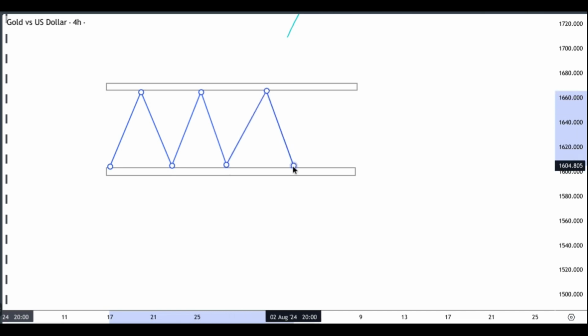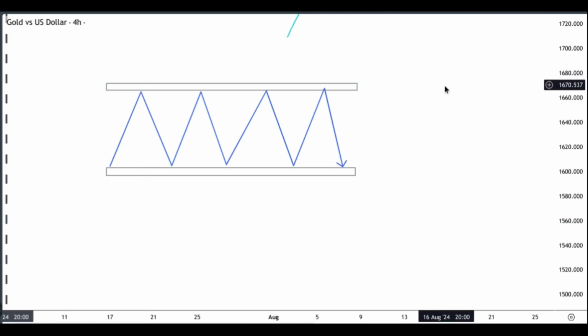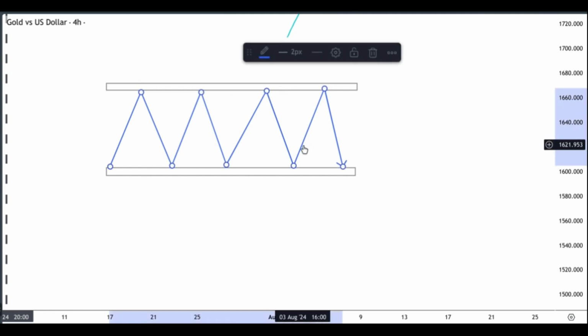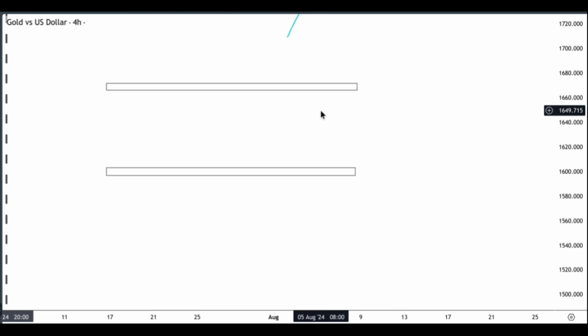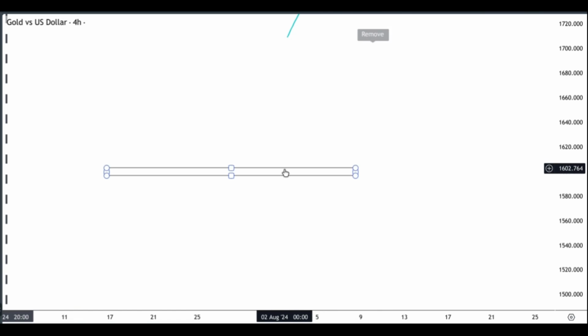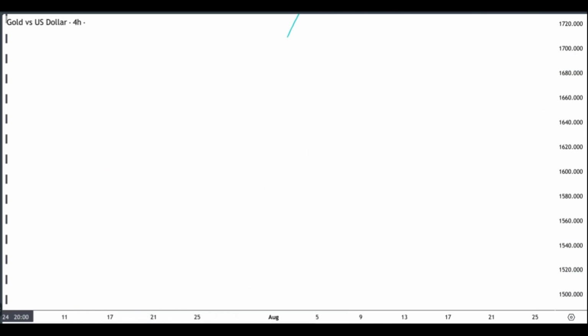So if you see the market moving within two ranges like that, you will know that is a sideways market, and you will have established your structure for that day, knowing that this market is a ranging market, or a sideways market, moving within two ranges of support and resistance. And support and resistance doesn't need to be horizontal like this. You can draw that on a trending market as well.